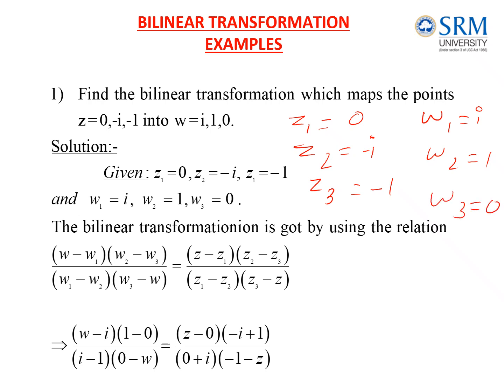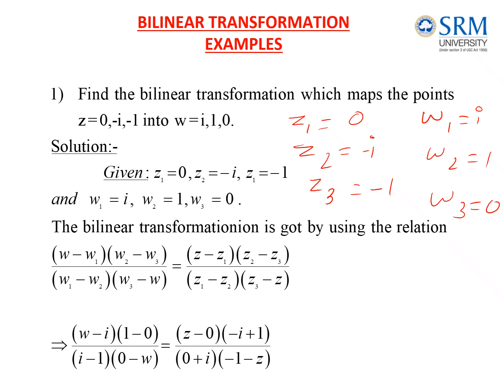Then we need to apply the cross ratio property for 3 points to find the bilinear transformation. We write the cross ratio property: (w minus w1) into (w2 minus w3) by (w1 minus w2) into (w3 minus w), with 1, 2, 3 in the numerator and 1, 2, 3, w in the denominator. Similarly on the right hand side. Then substitute w1, w2, w3 on the left hand side and z1, z2, z3 on the right hand side.